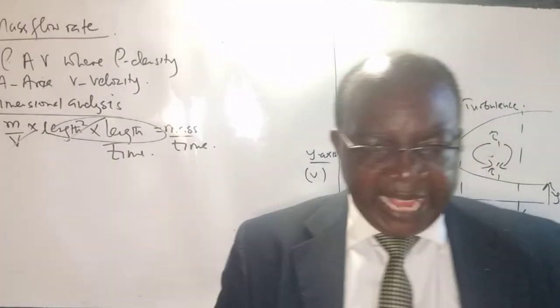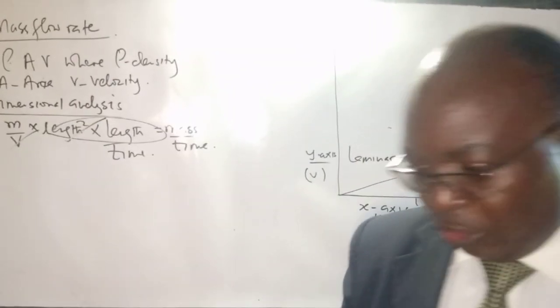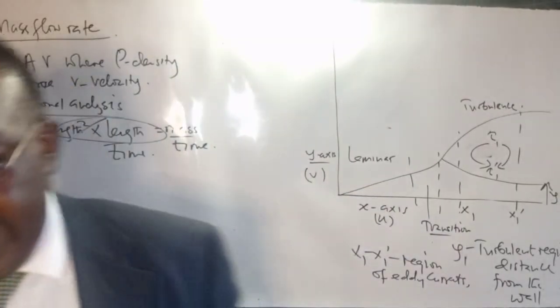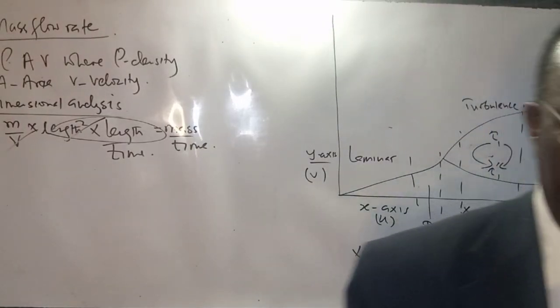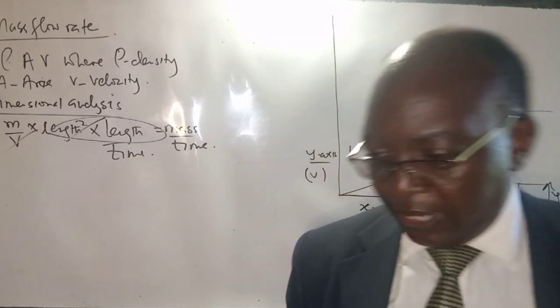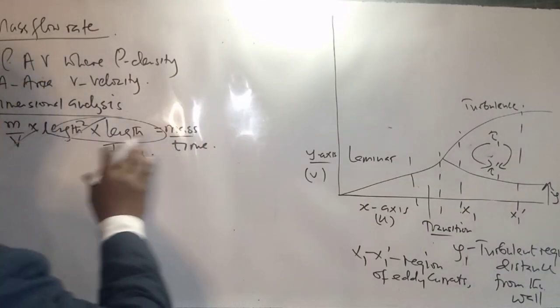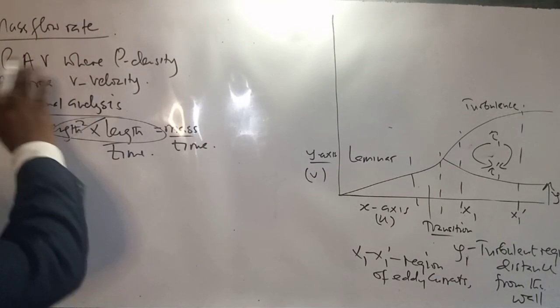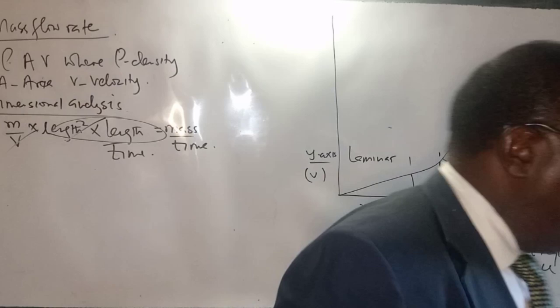And so we are saying that when there is this upwelling as a result of the eddy currents, which we have said is the result of velocity gradients in the fluid flow system, then the mass which is transferred, we can get that simply by multiplying by the time interval.